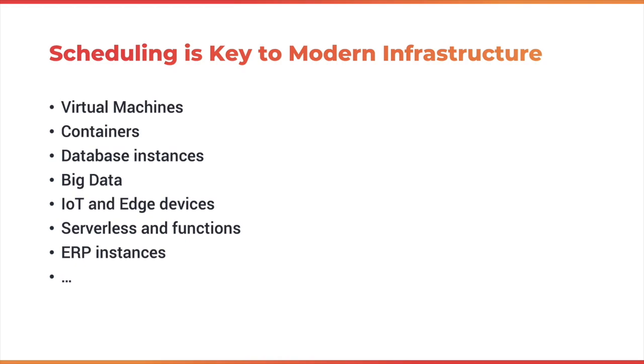And same thing with database instances, same thing with big data, IoT and edge devices, and even serverless and functions. Essentially, when you are hitting the control plane of a cloud and provisioning resources, there is scheduling acting behind the scenes. Now, this is a very important aspect of modern infrastructure.